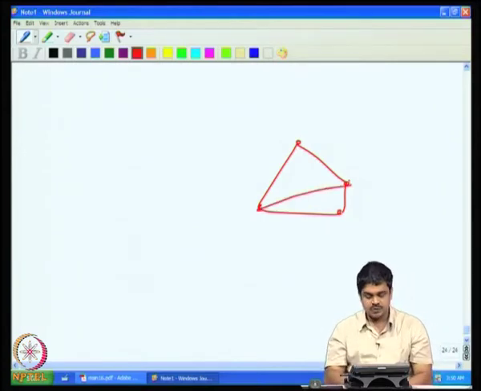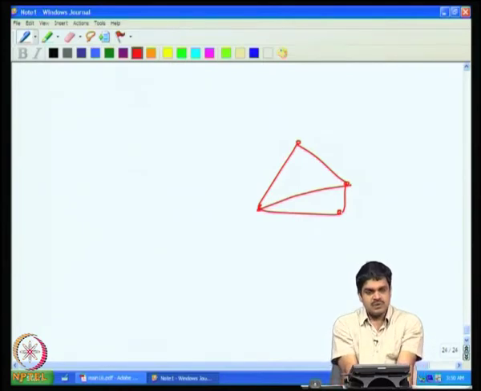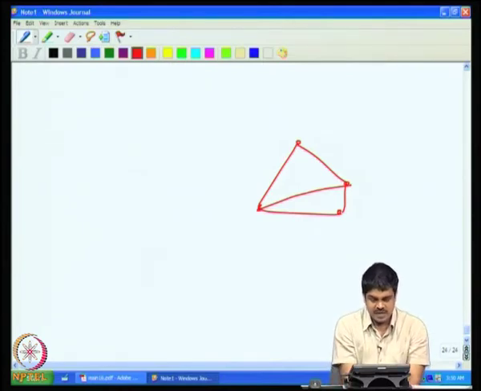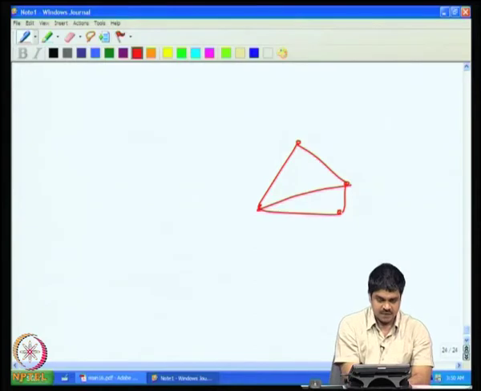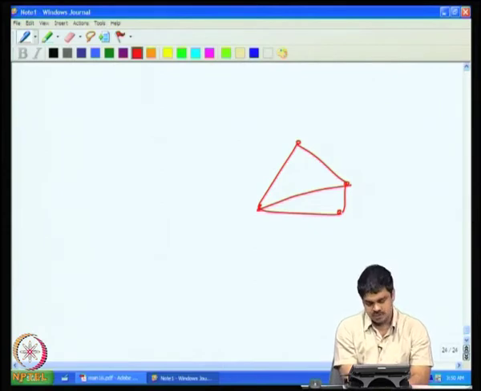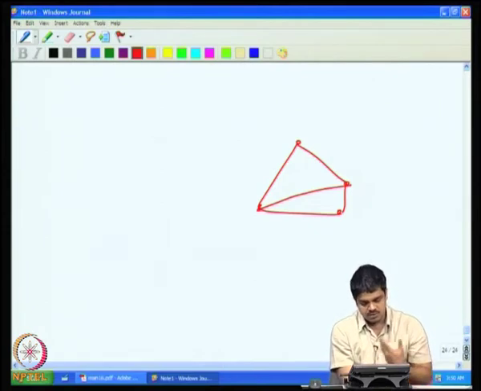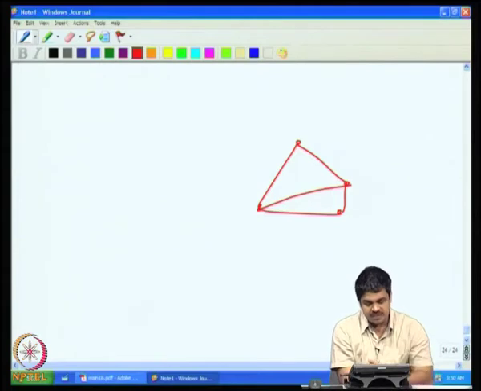What we are going to do is fix a planar graph, so let the number of vertices be n. Now, we will add edges to this planar graph in such a way that the number of edges is as big as possible. In other words, it becomes edge maximal with the property of planarity.